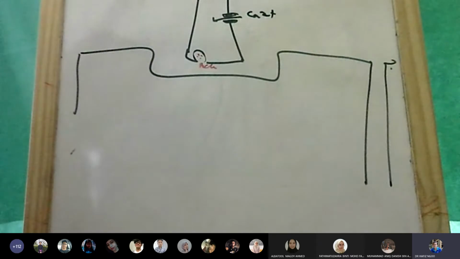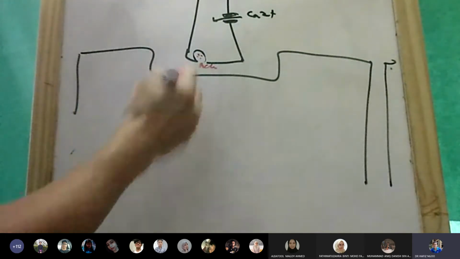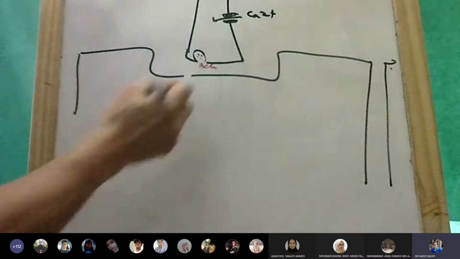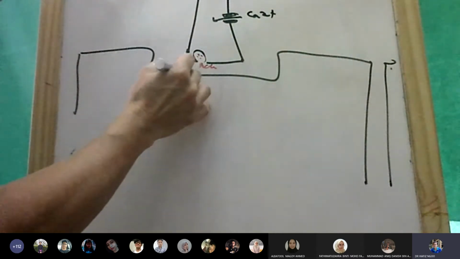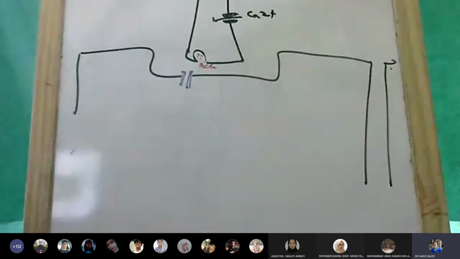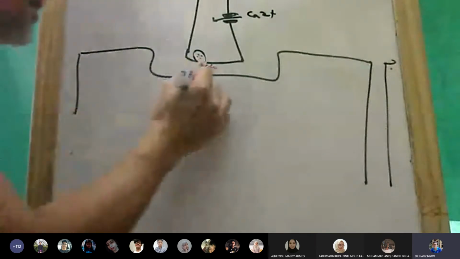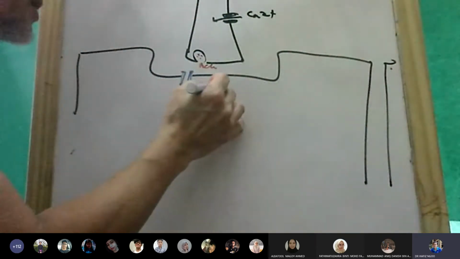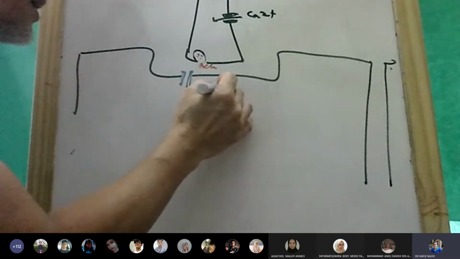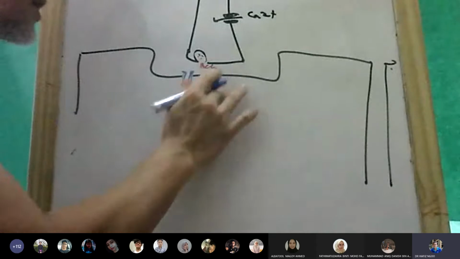So what will be the receptors on this surface of the postsynaptic membrane? Nicotinic cholinergic. Yes, it's a nicotinic cholinergic receptor, which is basically an acetylcholine receptor, and this is actually ligand gated or chemical gated.